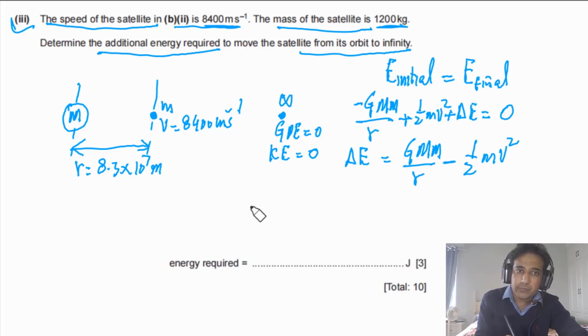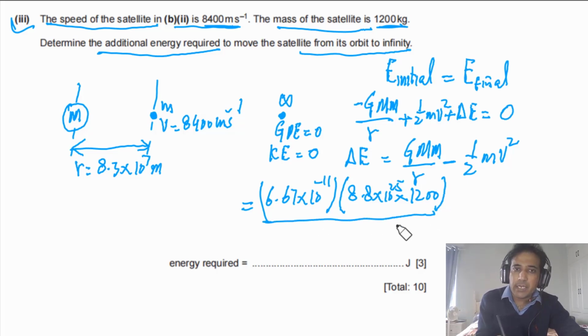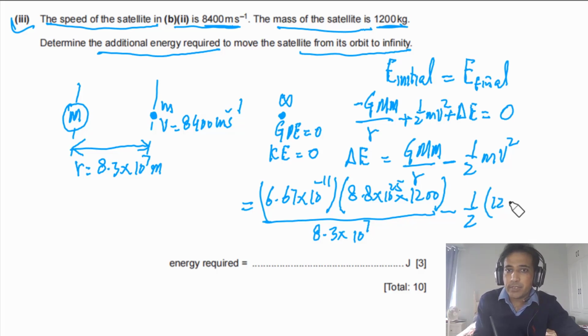Now simply we need to plug in values. The value of G is 6.67 times 10 to minus 11, and the mass of the planet is 8.8 times 10 to 25, and the mass of the satellite is 1200 kgs, and this is divided by the distance from the center of the planet, that is 8.3 times 10 to 7, minus 1/2 mass of satellite, that is 1200, and speed of satellite 8400 squared.